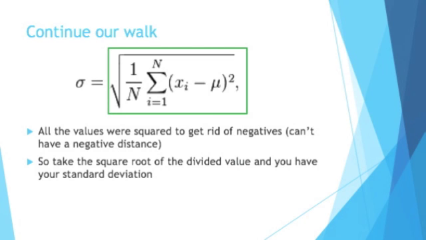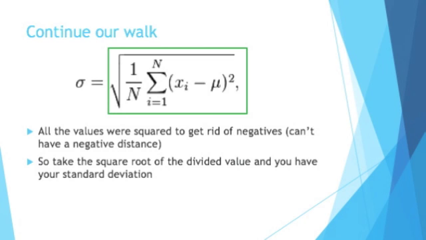Then you multiply that sum, so it'll be a big number, by 1 over n. That's just a fancy way of saying divide that number by n, and n is the total number of variables, the total number of things we're looking at. So in my example, it's the total number of people who eat bacon. Now, why would you divide by how many people you have?